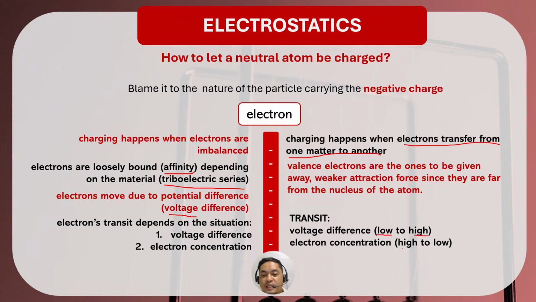When there is a high number of electrons, the voltage becomes lower. And when you have a low number of electrons, the voltage there becomes higher. So if you notice, when you focus on voltage difference, the movement of electrons will be from low to high, while if you just focus on electron concentration, it is from high to low. Please be mindful about the difference.